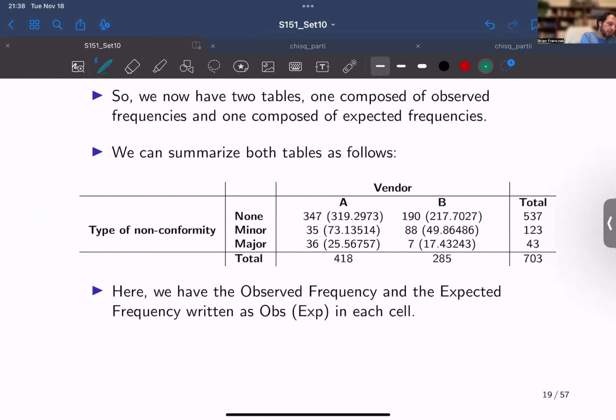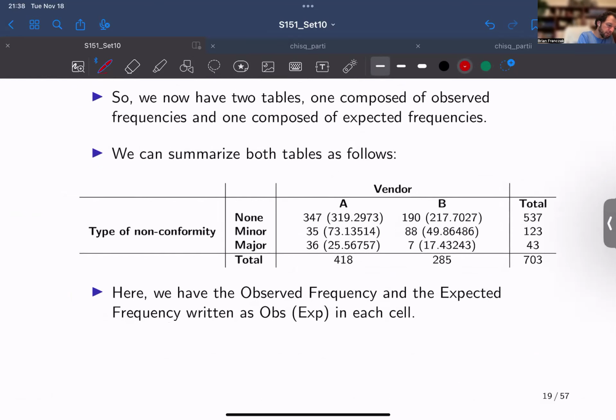So we have our observed counts, which were the counts that were given to us in the initial problem. And then we have the expected counts, which are in brackets here, which are what we have calculated. And again, like the goodness of fit test, we have to compute the expected values ourselves in order to check the assumptions of the test, and then to get the test statistic on step 3 of this test.